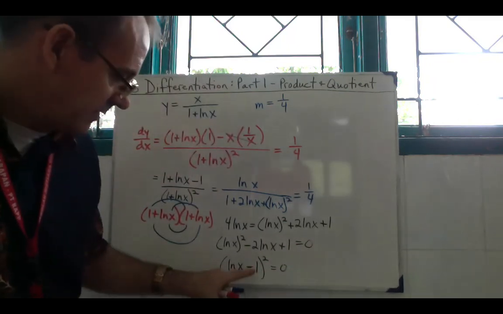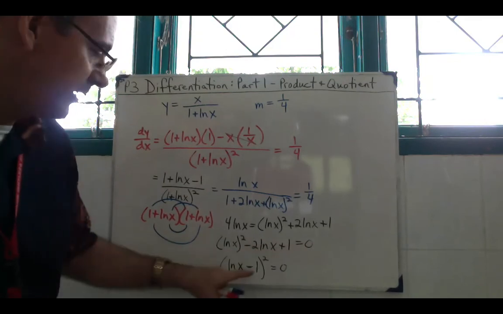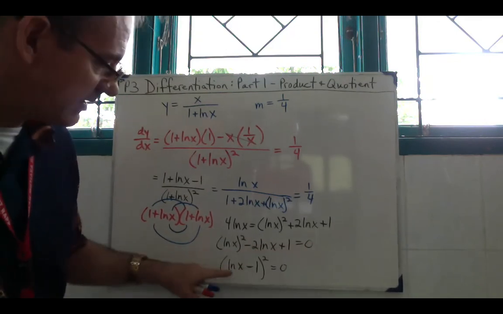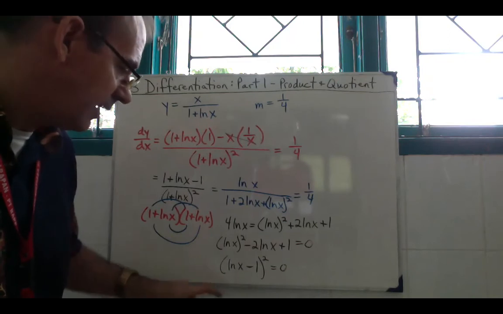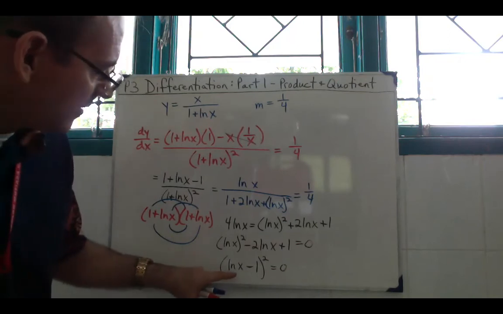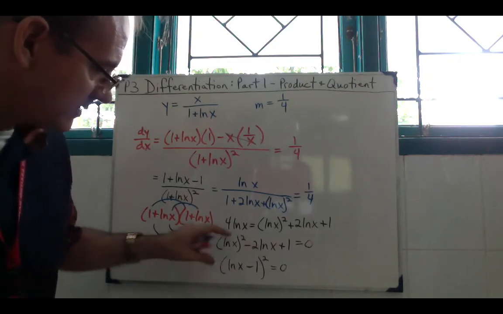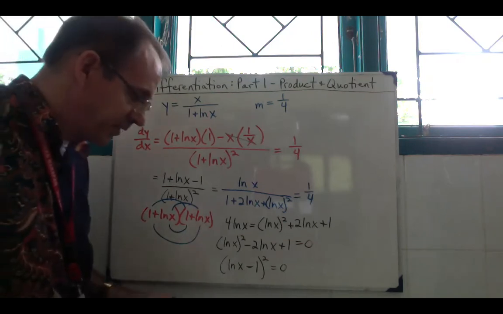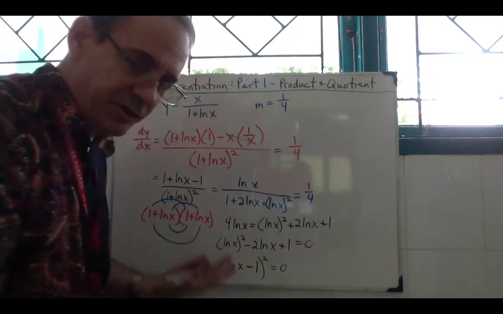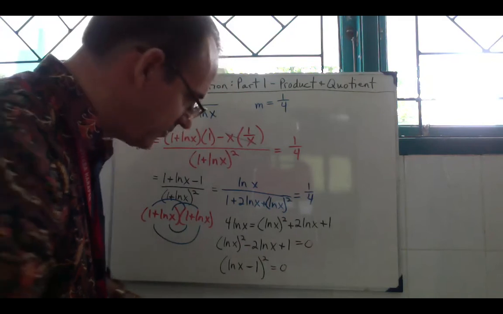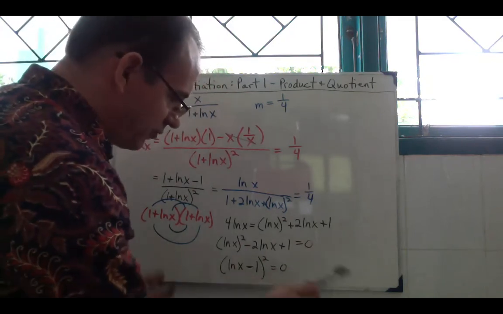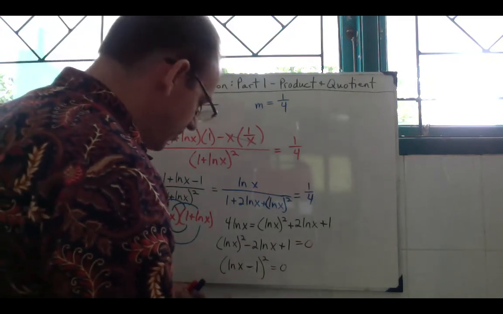So negative 1 times negative 1 is positive 1. A negative ln x and a negative ln x makes a negative 2 ln x. And ln x times ln x is ln x squared. So this factors. You could use the quadratic formula, you'll get the same thing. And so if you square root 0, you just get 0.